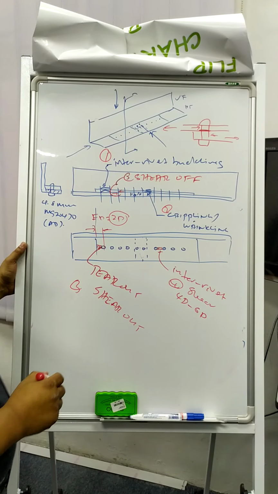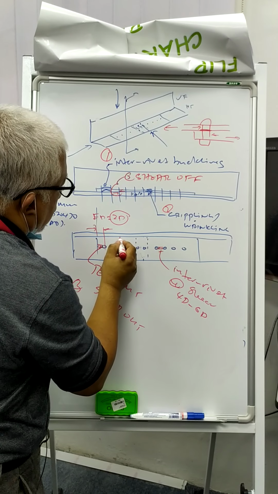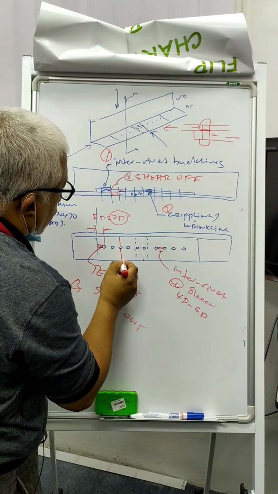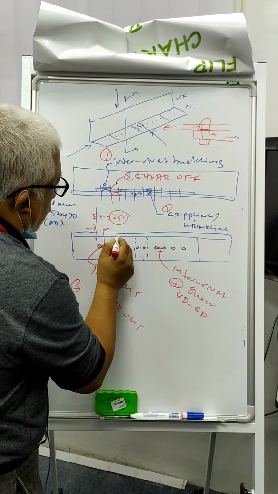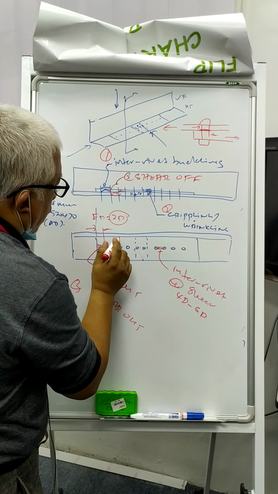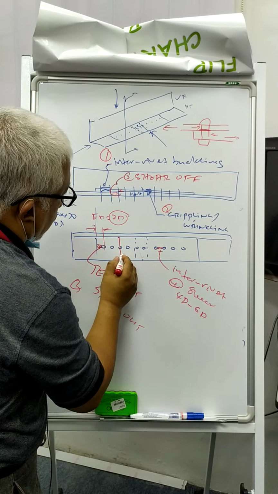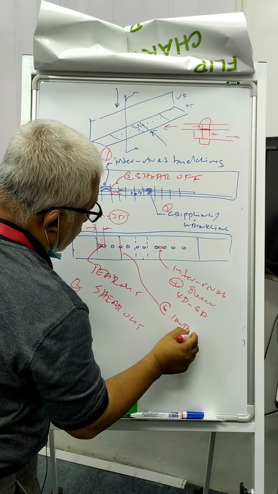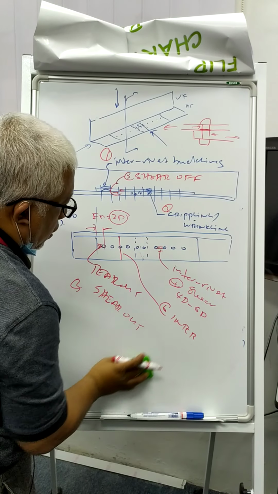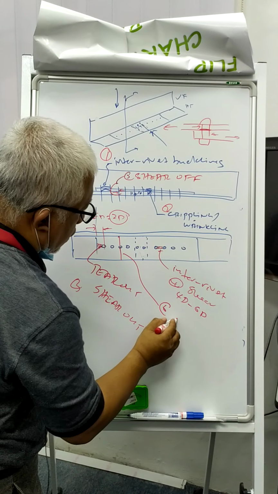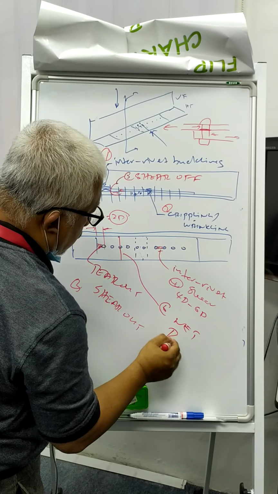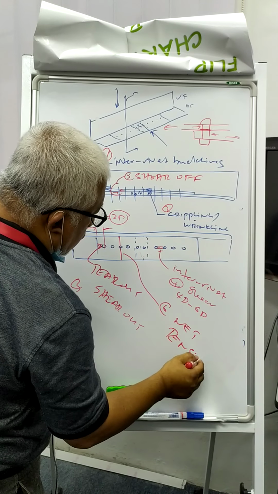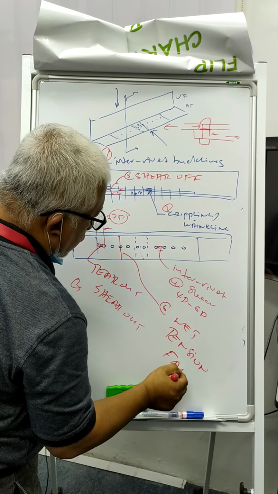Another potential failure is net tension. So the failure through the fastener. So that doubler will cut through the fastener, and this we call number 6, net tension failure.